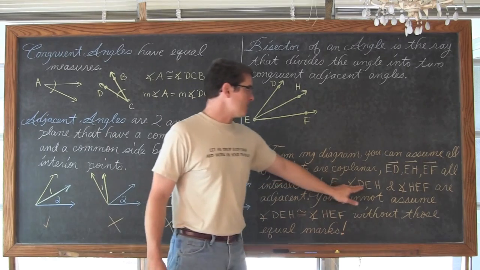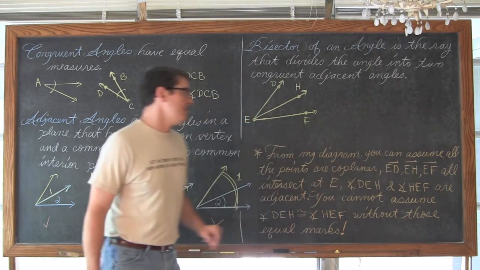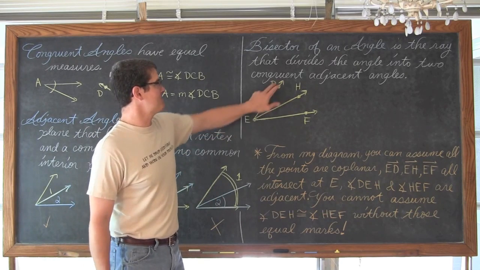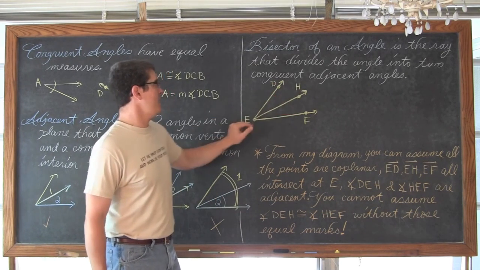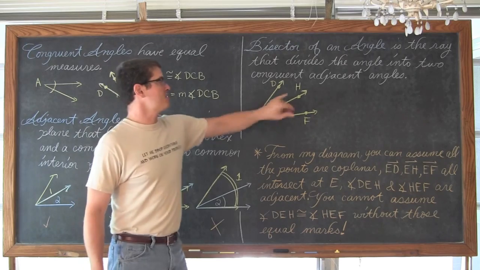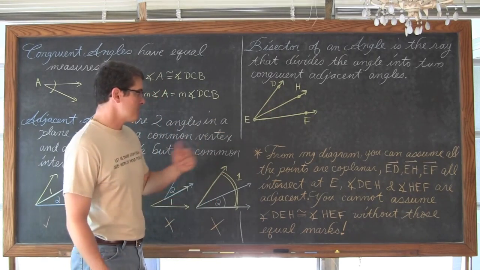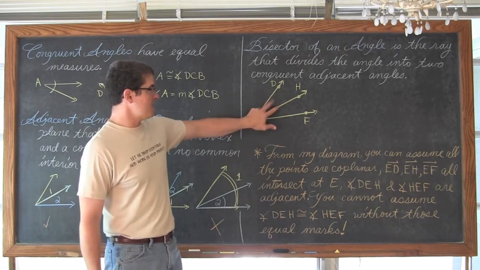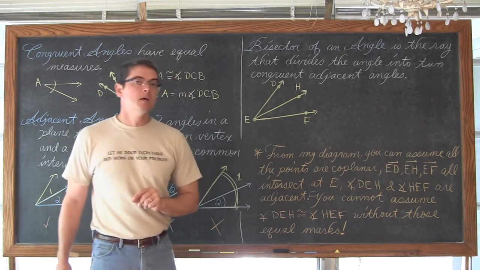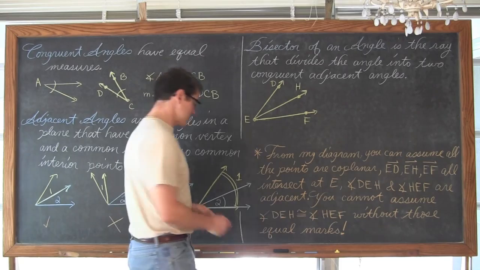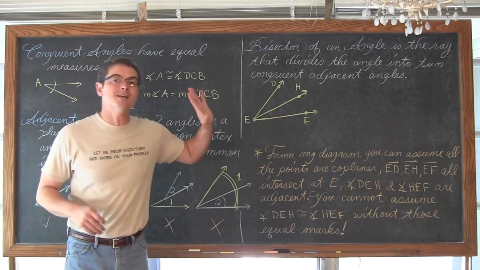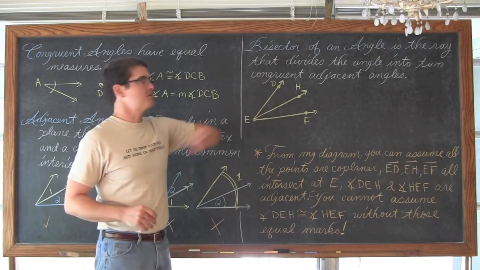And you can see that angle DEH and angle HEF are adjacent. They share this angle here, DEH, and HEF share that vertex and that common side, so that they're adjacent. But you cannot assume that these angles are congruent without some marks in here. So if this were your diagram in your textbook, you could not look at that and assume these two angles are equal.